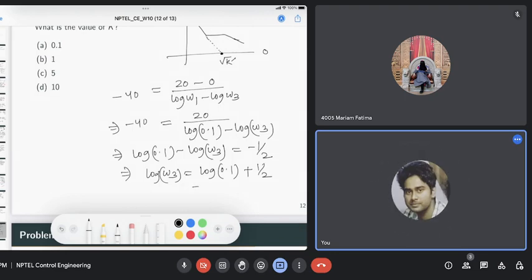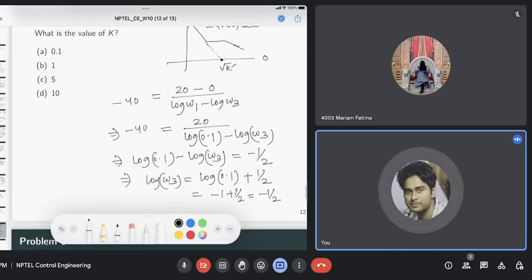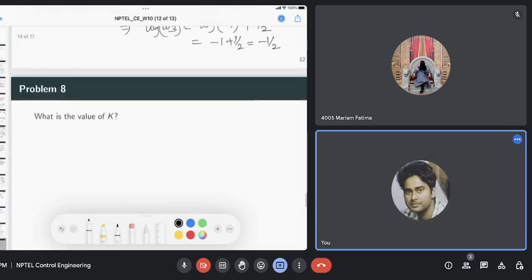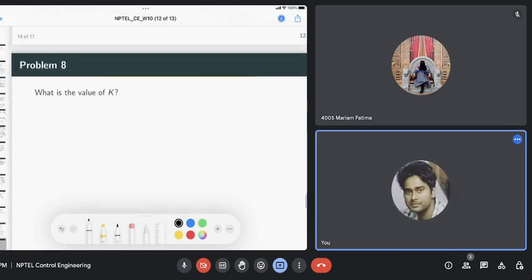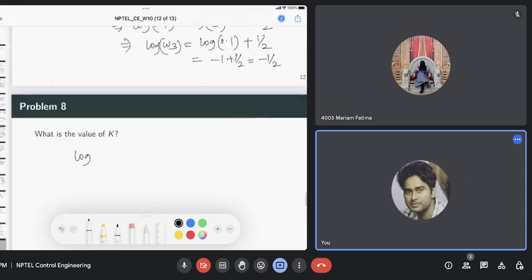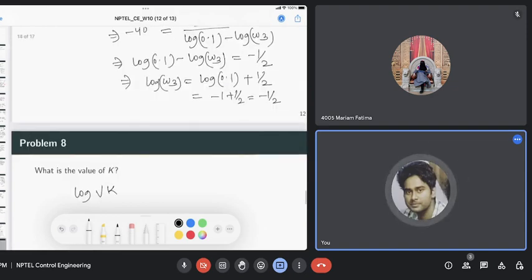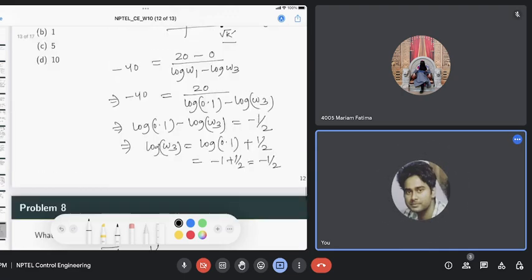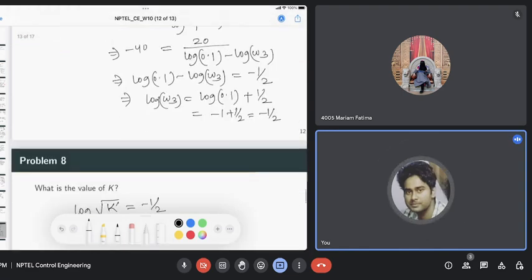So log 0.1 is minus 1, plus half, so it is minus half. Also omega 3 is the square root of k prime, so log of square root of k prime equals minus half, that is what we obtain. Because we have denoted k prime, right?